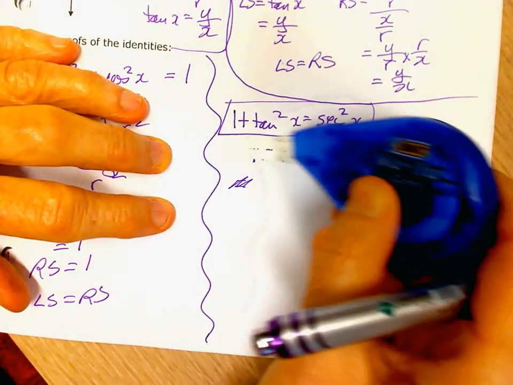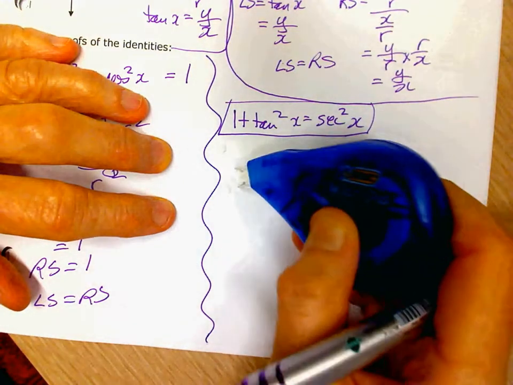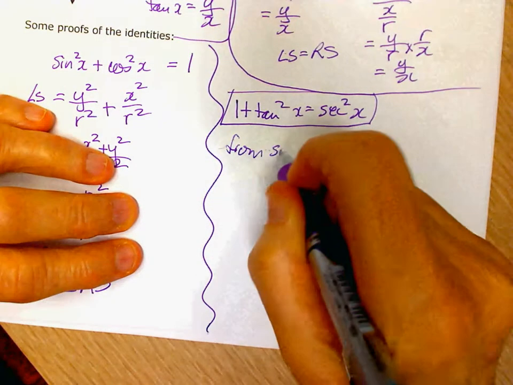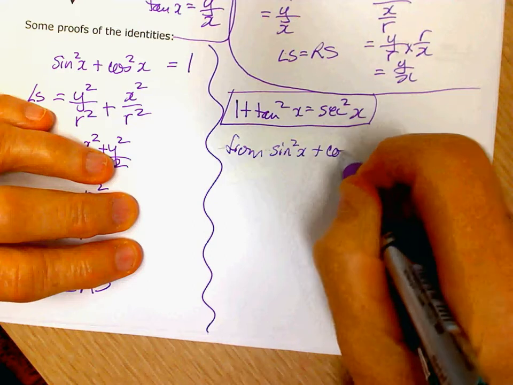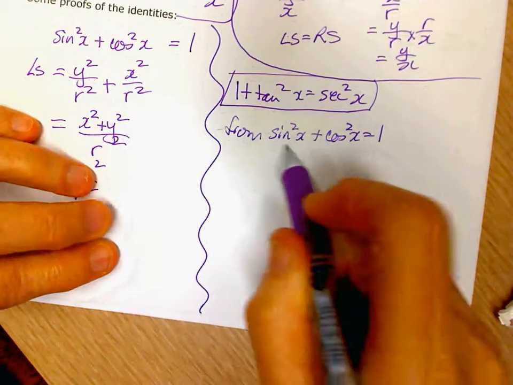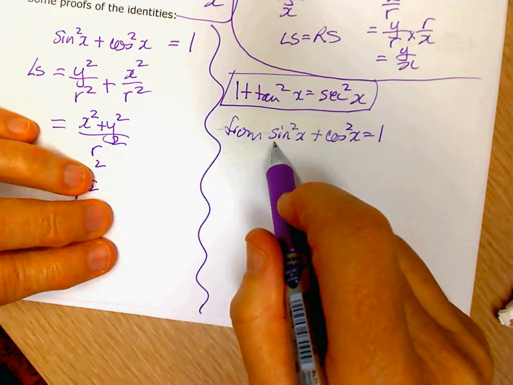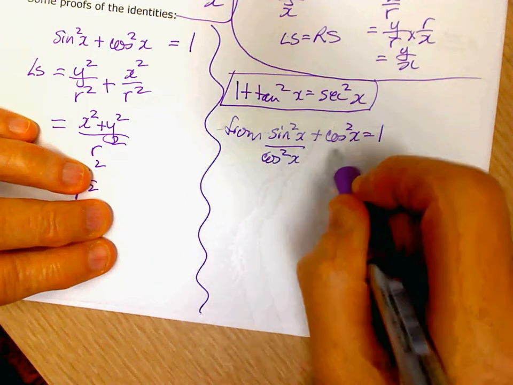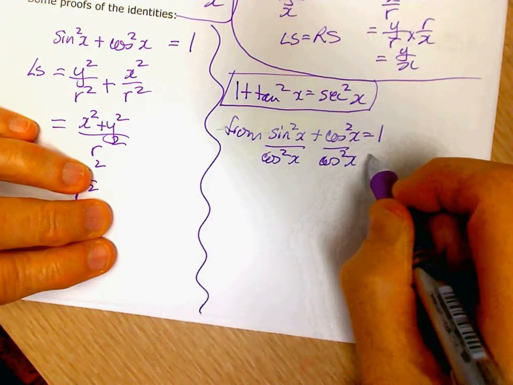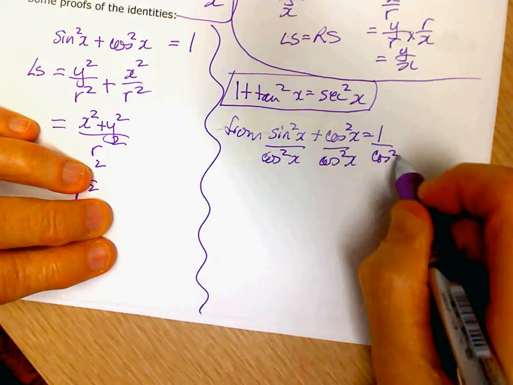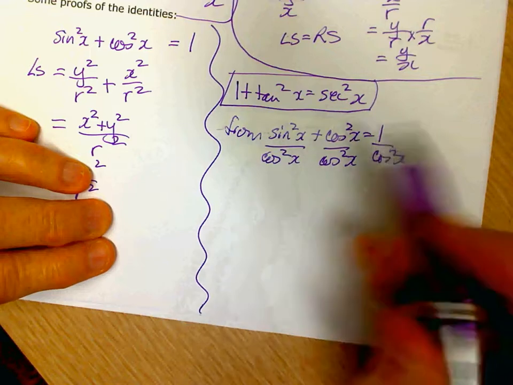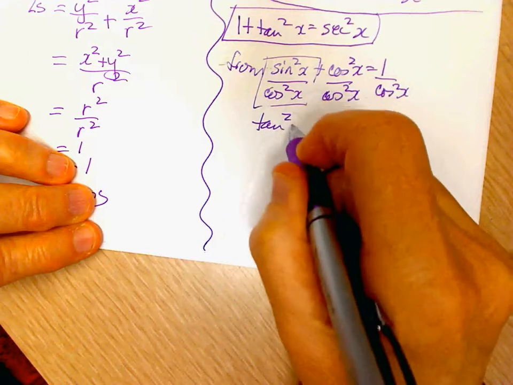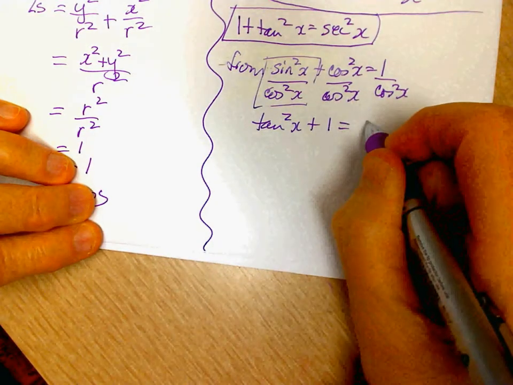I'm going to just show you that if we use the first one, sine squared x plus cos squared x equals 1, if I were to divide everything by cos squared x, can you see that this is just tan squared x plus 1 equals secant squared x?